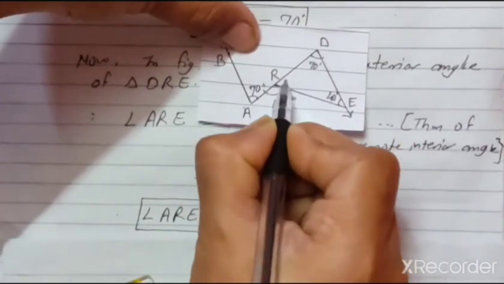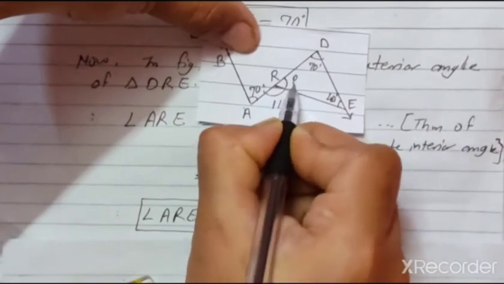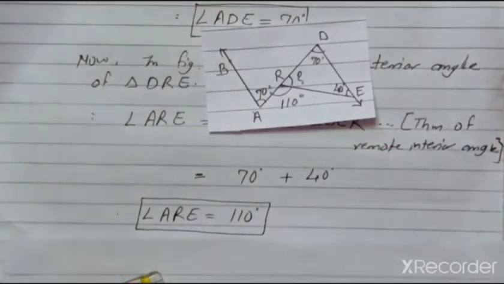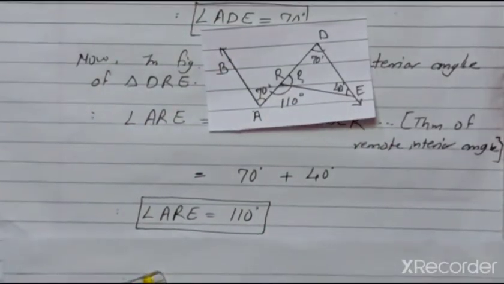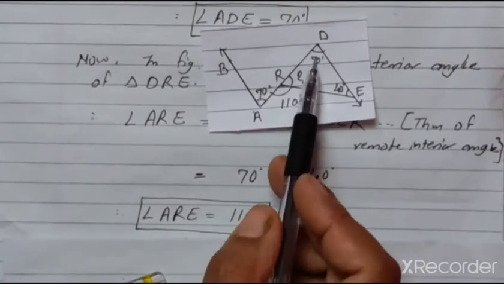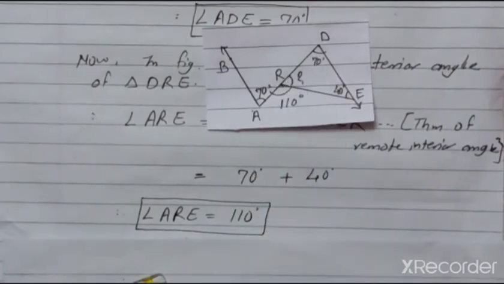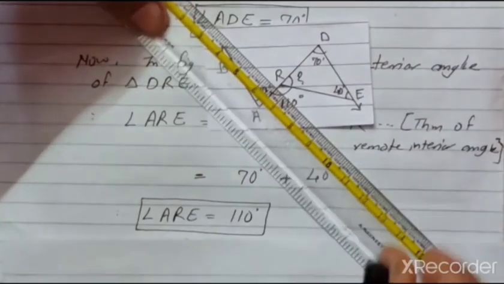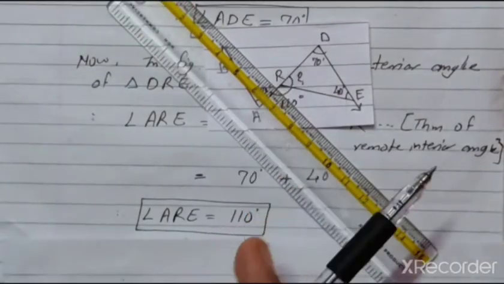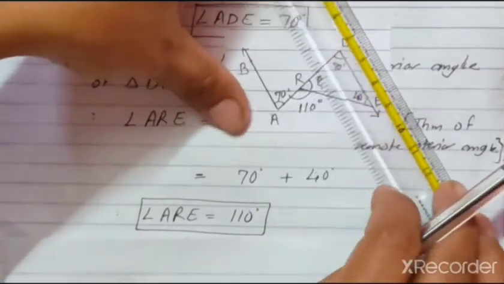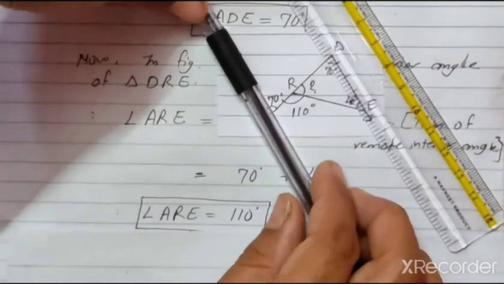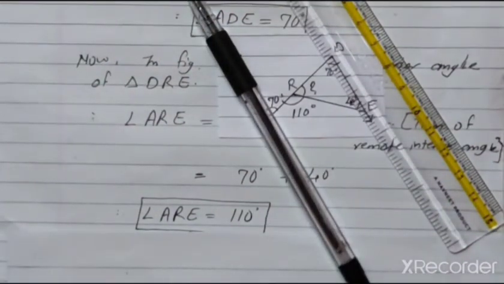Now here we have to find the value of this angle. We can find it by using two methods. The first one is that the sum of the measures of this triangle is 180 degrees. Otherwise, by using the linear pair of angles.